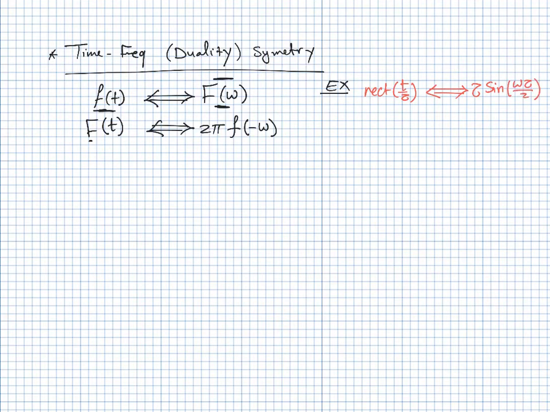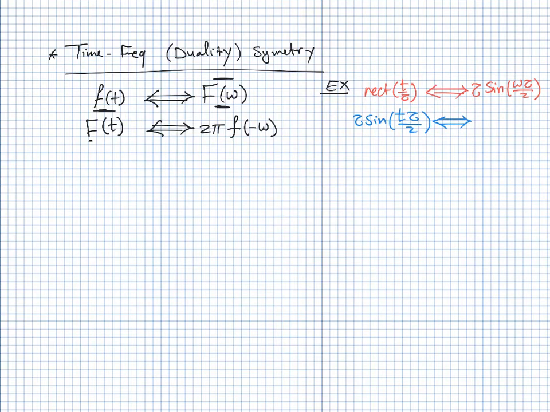Now what if I have a time domain function that looks like tau sinc, now rather than omega, it's gonna be t, right? Because it's a time domain function. Tau over 2. What if I have this and I'm looking for its Fourier transform? Then applying the rule, the Fourier transform, right, is gonna be a rectangle because it's f, right?